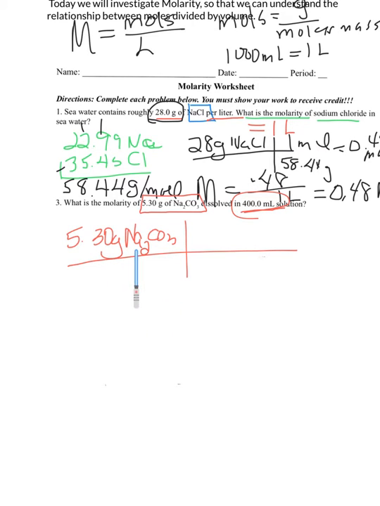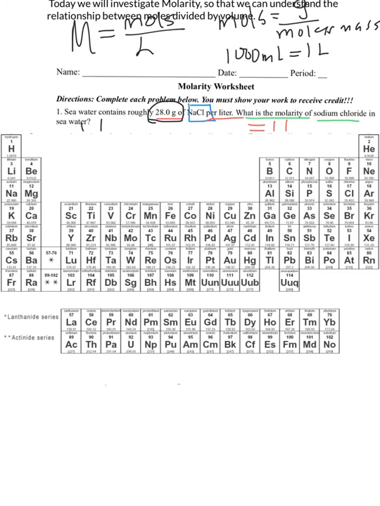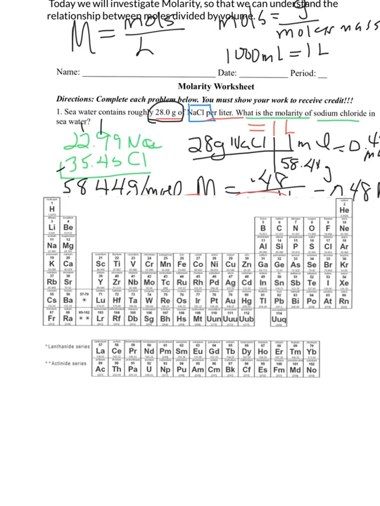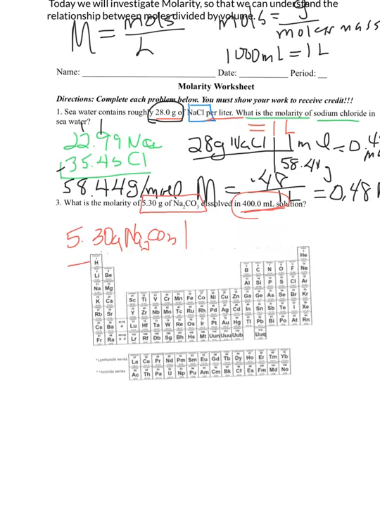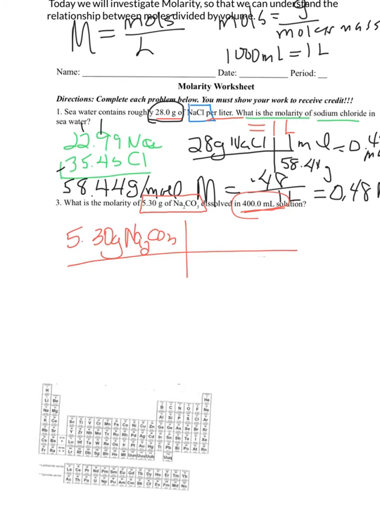And this is not going to be so simple. We have 2 sodium, we have 1 carbon, we have 3 oxygen. So let's go ahead and figure that out. Let me add our periodic table real quick. Perfect. Here it is, real big. Okay, let's start with our sodium. Right here we see sodium is 22.99. All right, so let's start. We're going to start way down here.